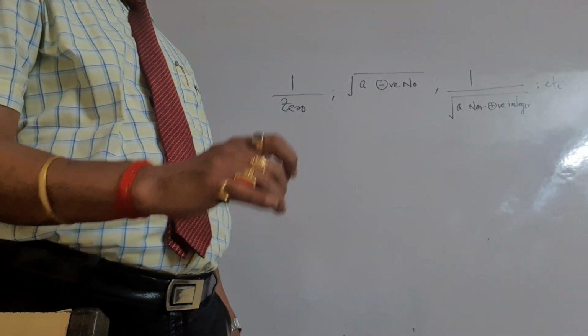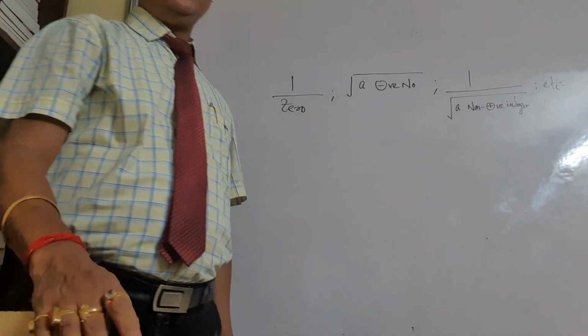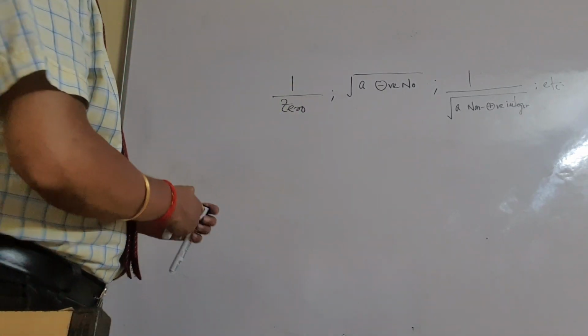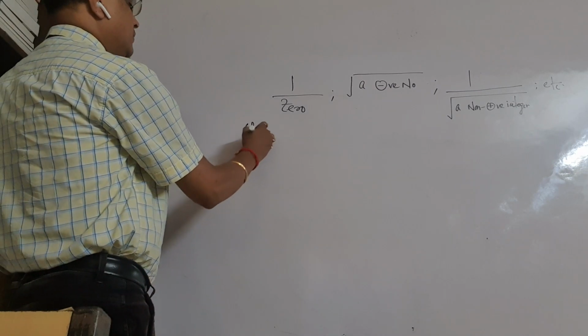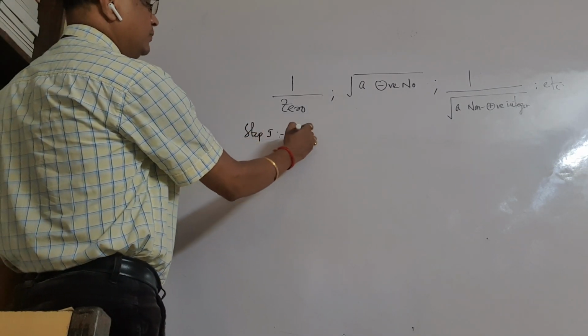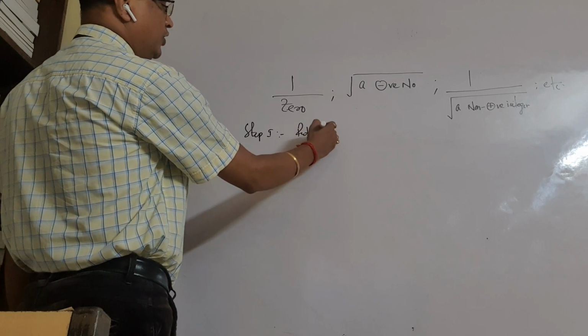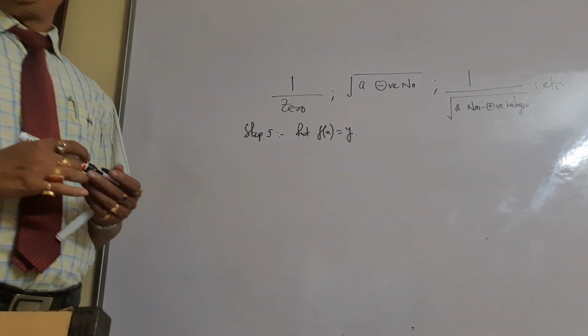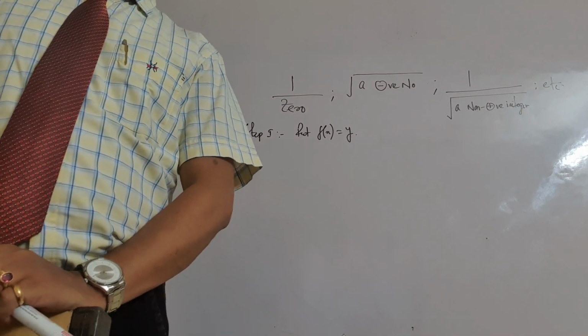Now working steps for range. Next topic is working steps for range. Step number 1 is we put f(x) equal to y. In place of f(x) we put y.